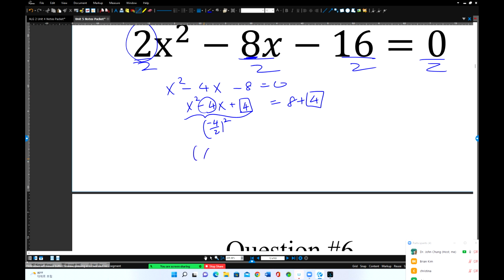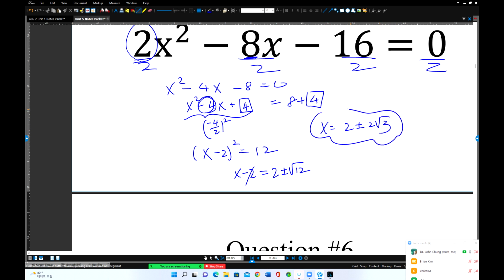So what is inside? x minus half of this one, negative 2, squared equals 12. Now take the square root. x minus 2 equals always what? Plus or minus square root of 12. It's okay? So you can add 2 to both sides. So x equals finally 2 plus or minus 2 root 3. Okay? That's the solution set.